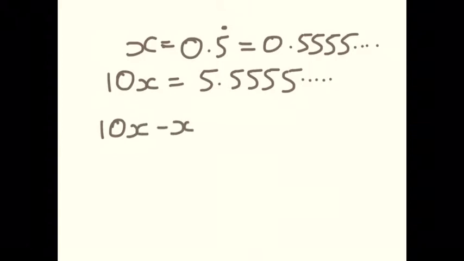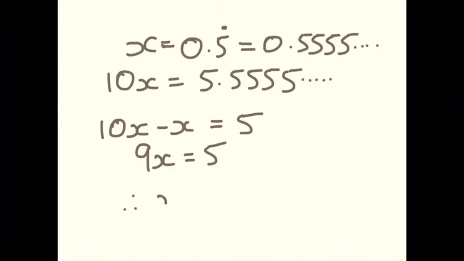So what I mean by that is 5.555 minus 0.555. Now because the decimal part is exactly the same, this is just simply going to give me 5. The decimal part disappears. So now we've got 9x on the left is equal to 5, and therefore x is equal to 5/9. So we've turned it into a fraction.